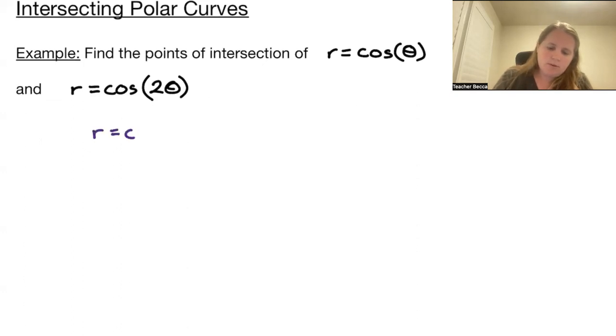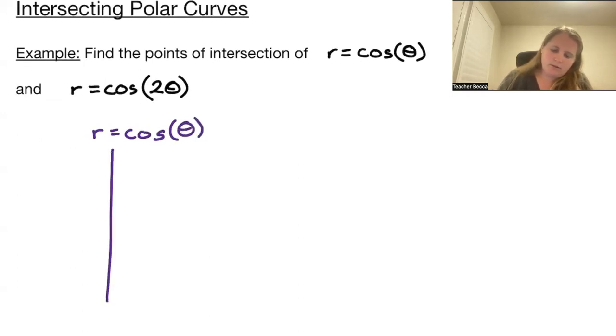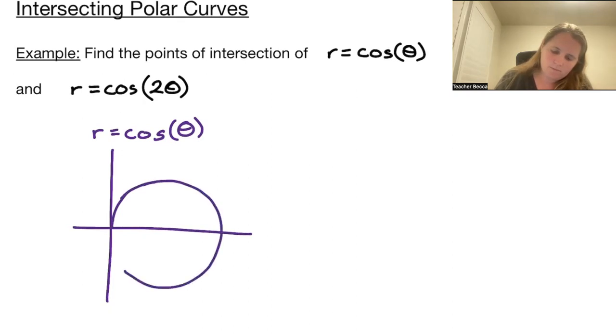So r equals cosine of theta is just a circle of diameter 1 sitting on the x-axis that goes through the origin. R equals cosine of 2 theta looks a bit like a flower.